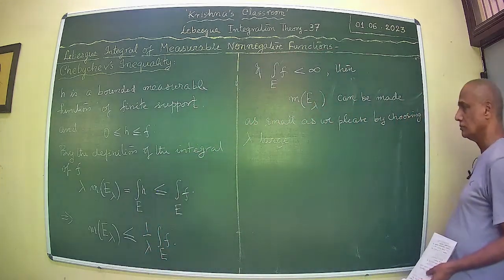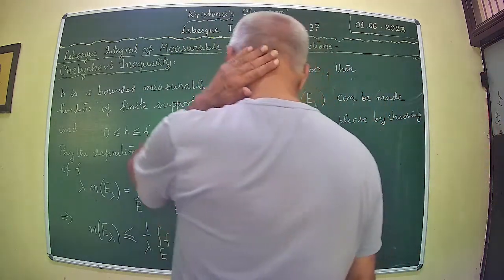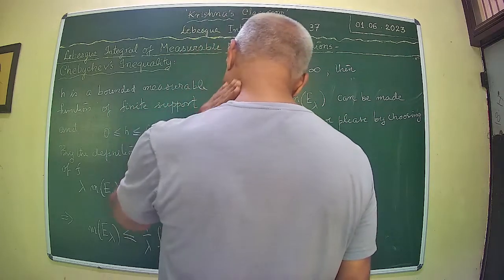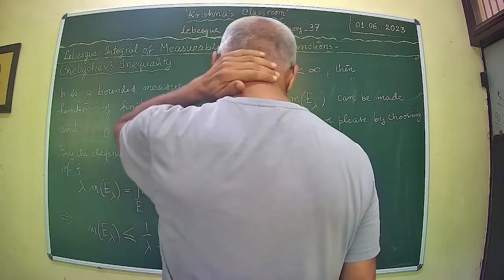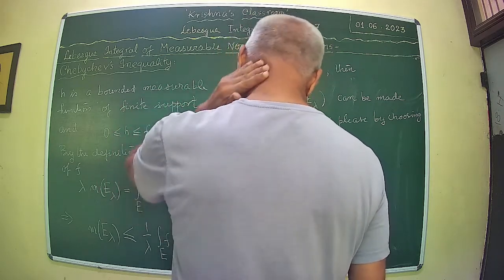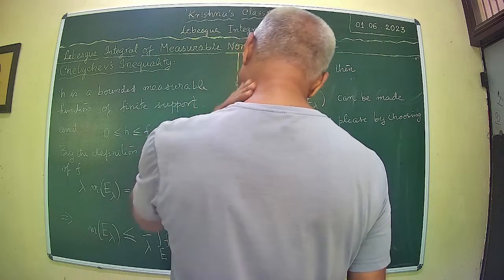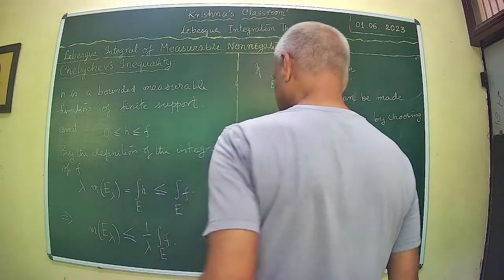Okay. For instance, if integral over E f is equal to k, then all that you need is to choose lambda such that 1 by lambda times k is less than epsilon. Okay, right? So this estimate is there.